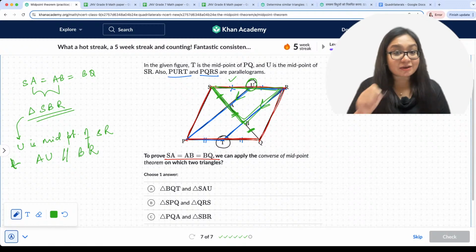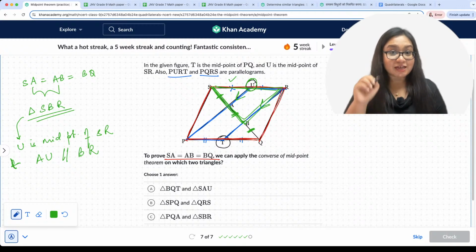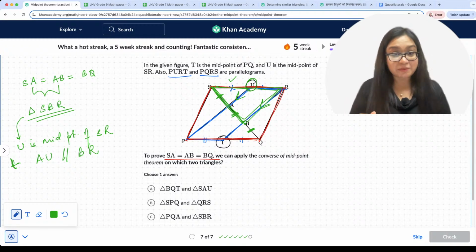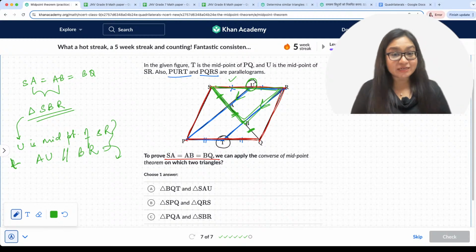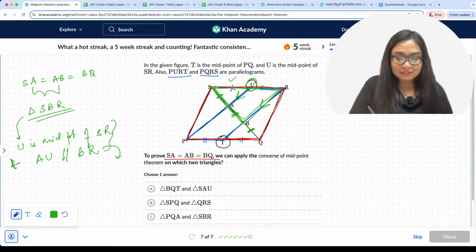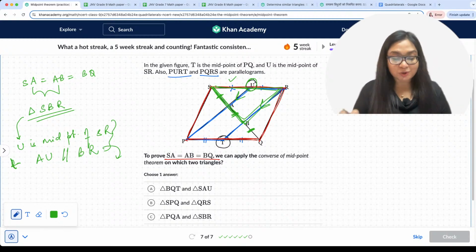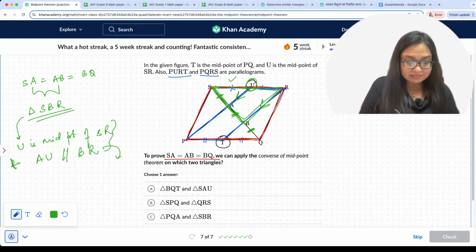It will cut the third side of the triangle at its midpoint. That means यहां पर अब हम बोल सकते हैं कन्वर्स ऑफ midpoint theorem से, these two points tell me that here this line UA is going to cut SB at its midpoint. That means A is midpoint.